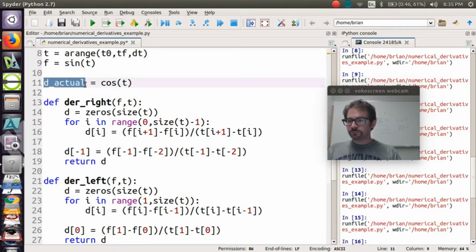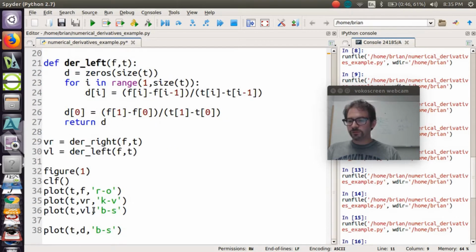D actual. That's the actual derivative. Always better to copy paste than to type and make a spelling error. We'll let this be, let's say, yellow, and we'll make it thicker. Line width will equal 3. Let's give that a look.